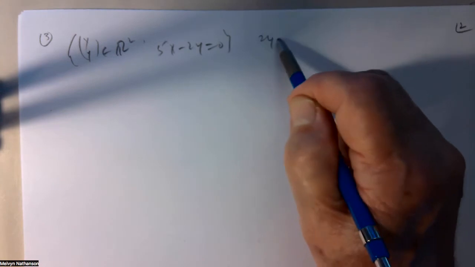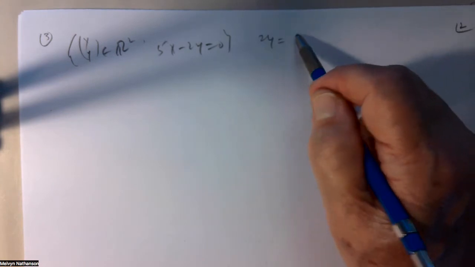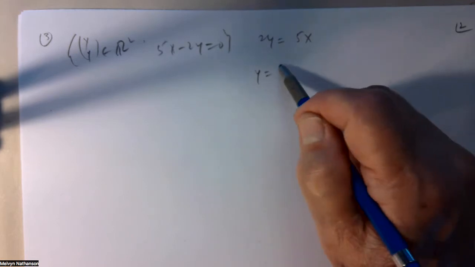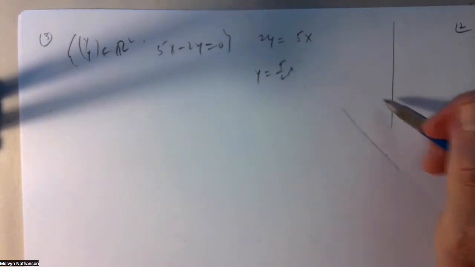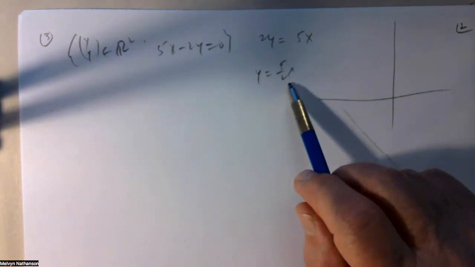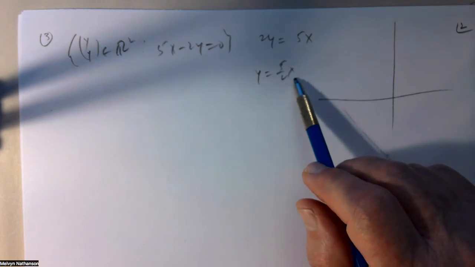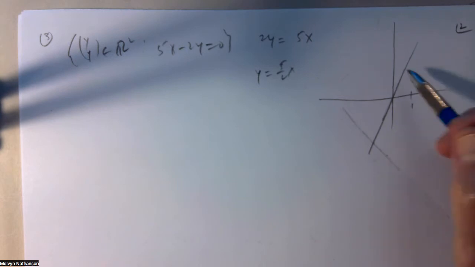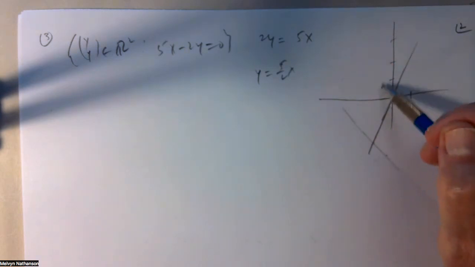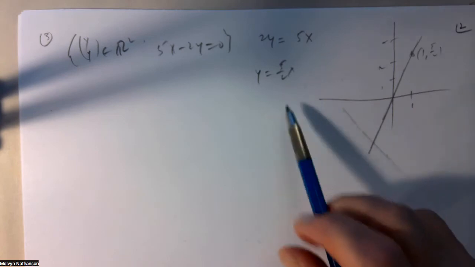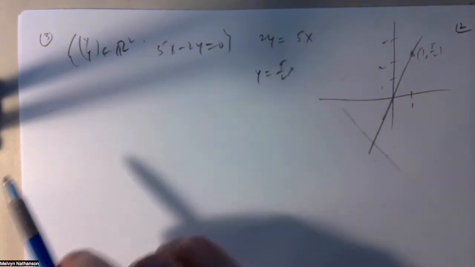This says that 2y is equal to 5x, or y is equal to 5/2 x. So this is just the line with y-intercept 0 and slope 5/2. So it looks something like that. When x is 1, this would pass through the point 5/2. So it's just the line through the origin with slope 5/2.